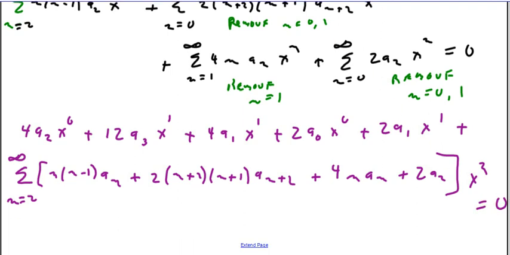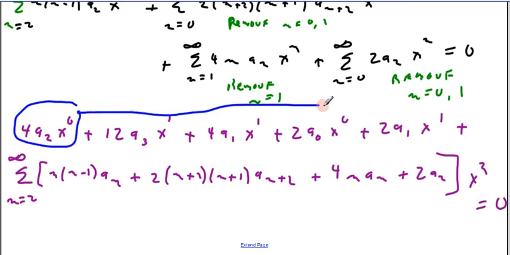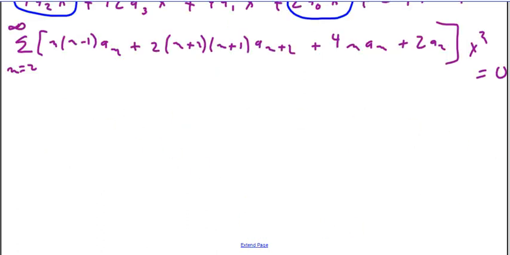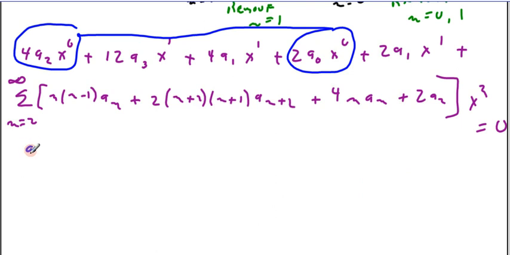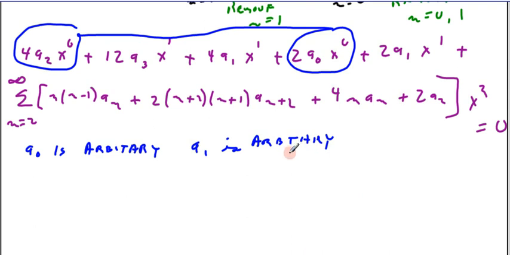Okay, well, my x to the 0 term has to be 0. Well, we'll start someplace else. We'll start with a0 is arbitrary. Why? Because I don't have an initial condition. a1 is arbitrary because I don't have an initial condition.